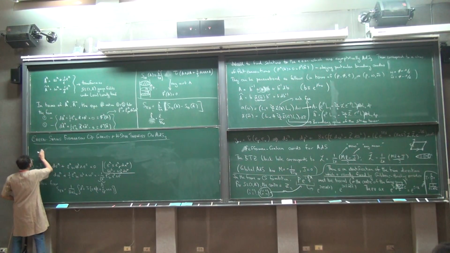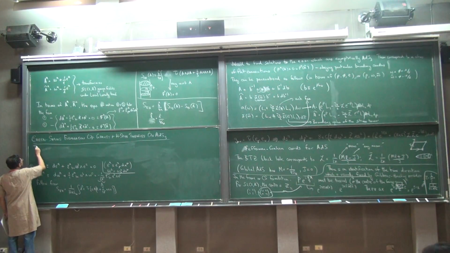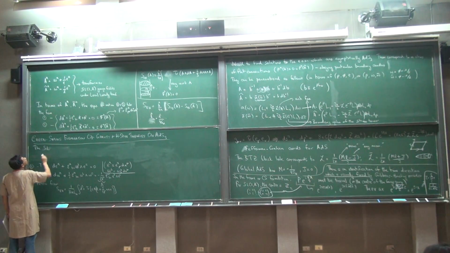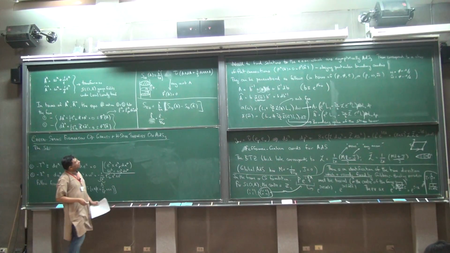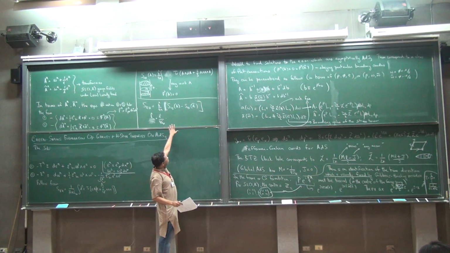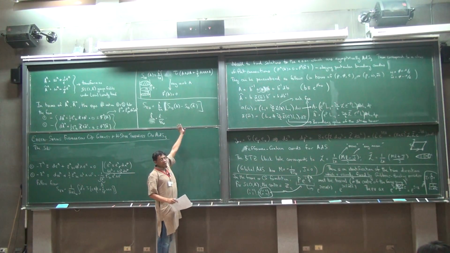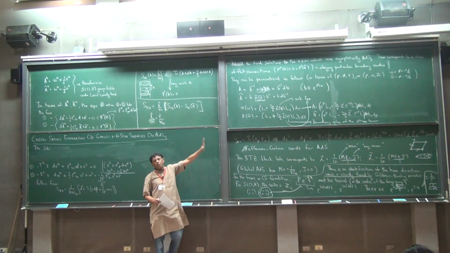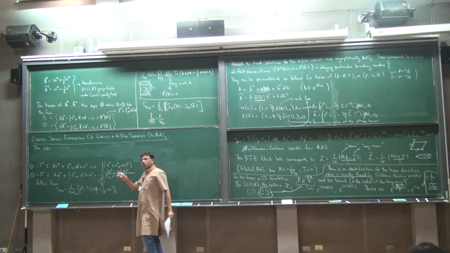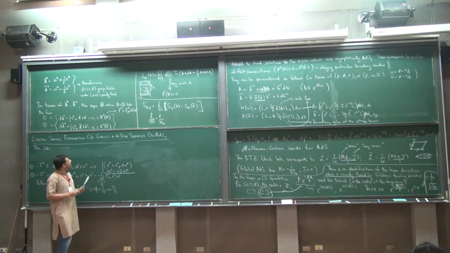So here we had gravity. The bottom line was we reformulated it in terms of two copies of Chern-Simons theory, the two SL2R gauge fields A and A tilde.